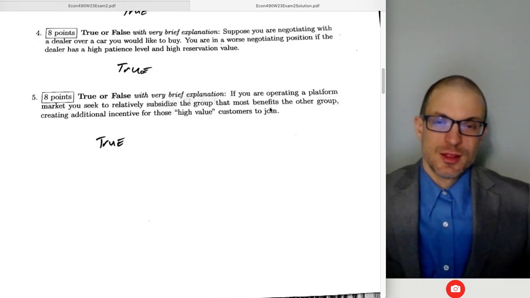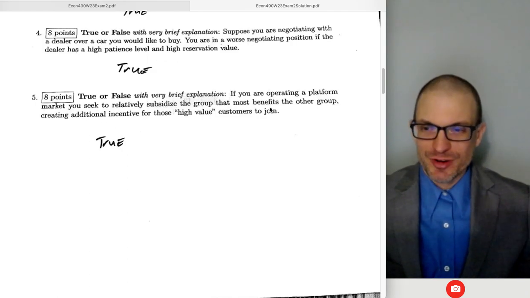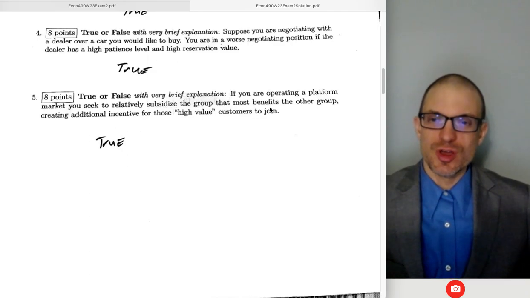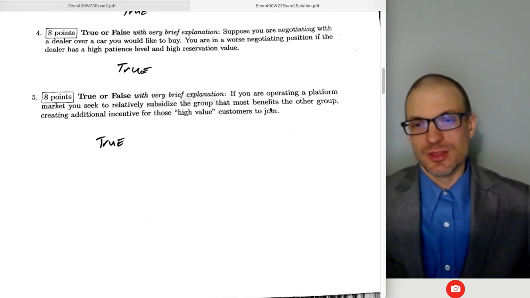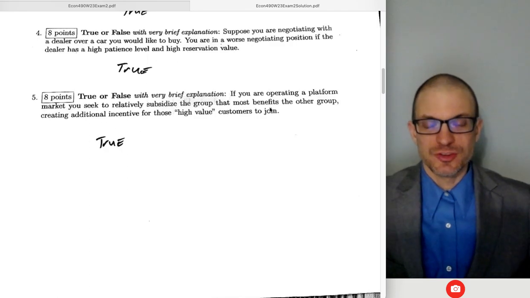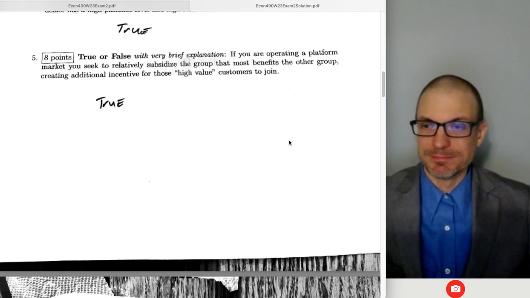The reason is they most benefit the other group, which would be the advertisers. So you create an incentive for the high value customers to join. From the perspective of the platform, the high value customers are the advertisers, who are buying space on your platform to display their ad copy.